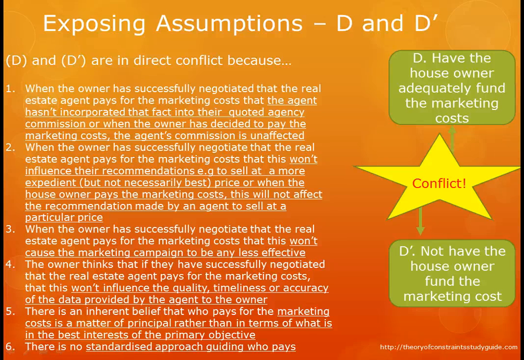So the reason why the owner can't simultaneously fund the marketing costs and not fund the marketing costs is firstly due to the assumption that when the estate agent pays for the marketing costs, the agent hasn't incorporated that fact into their quoted agency commission, i.e. if they've paid for the marketing costs, they haven't upped their agency commission to compensate for that.